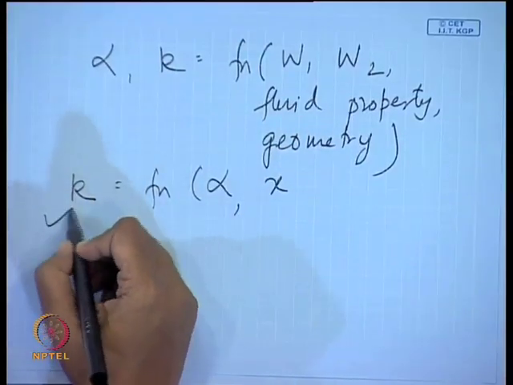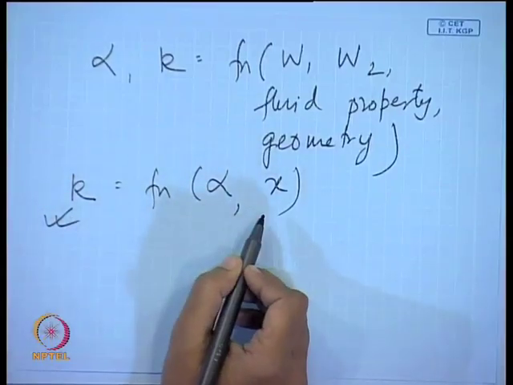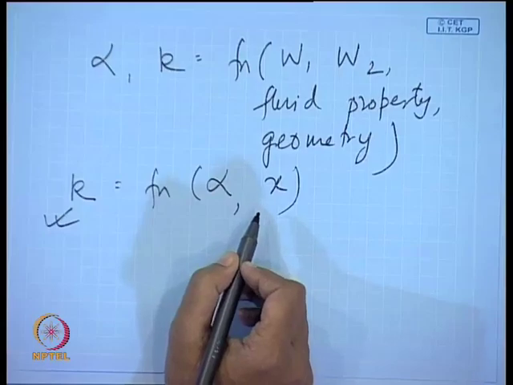So, we will try to define a relationship between K and alpha, X, etc., based on whatever we have done today, and then we would also define a few other parameters which we could not define today. Maybe we will be doing those things, and we will be continuing with our nomenclature chapter tomorrow as well. Thank you very much.